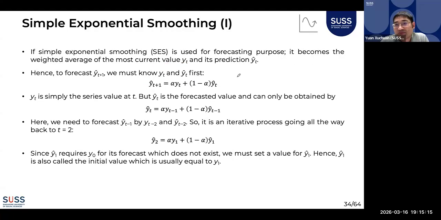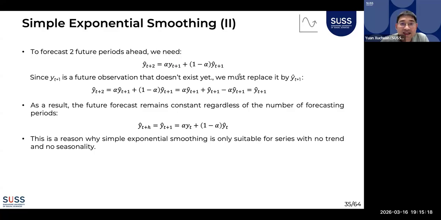We can also apply this method to do the forecasting, right? But remember, when you do the forecasting, you can only do one-step forecasting by using the simple exponential smoothing method, okay?